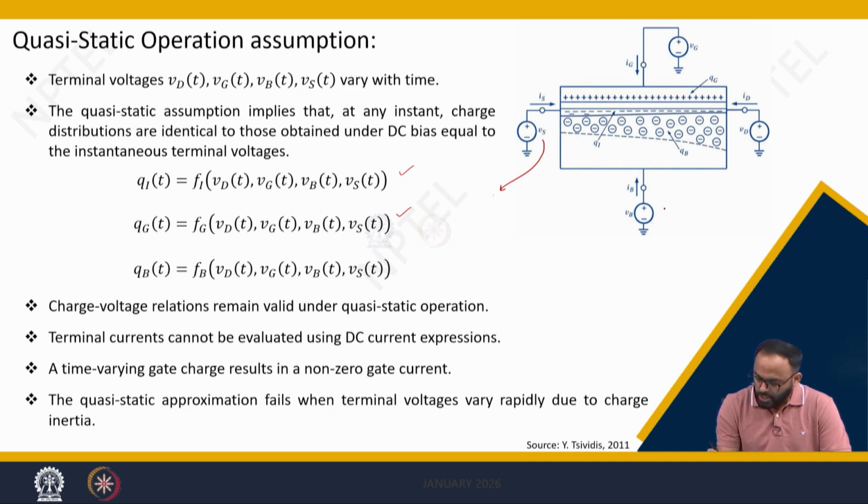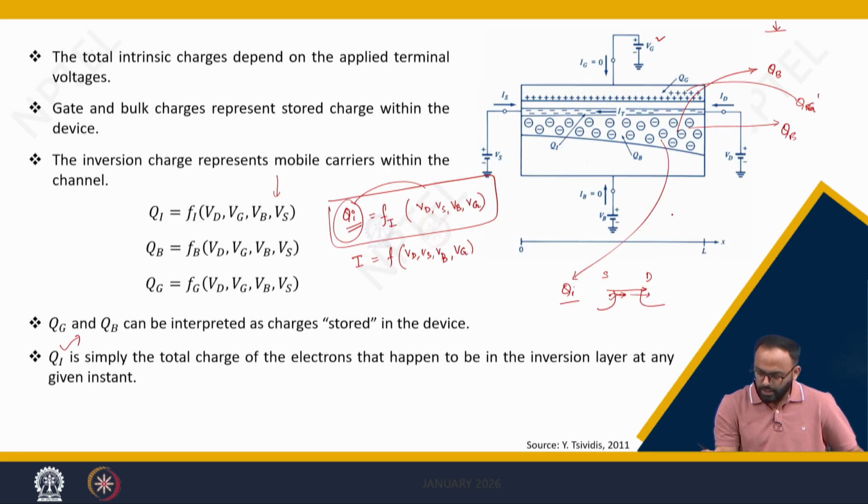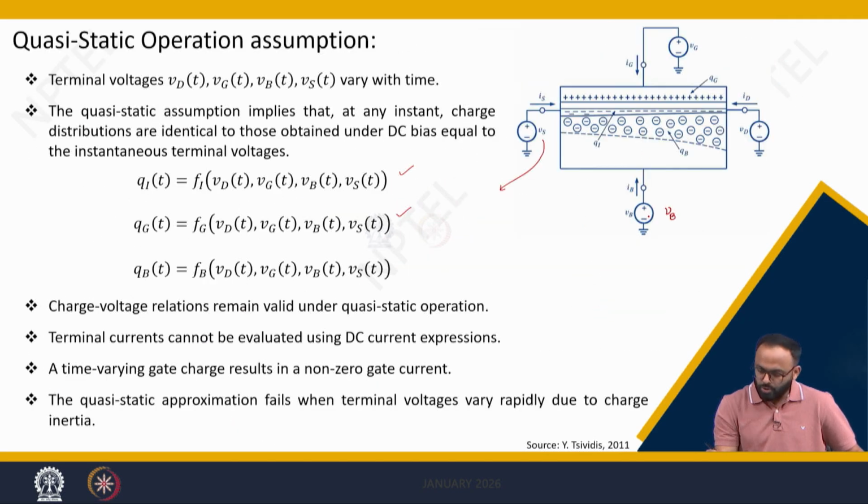Here small v with a capital subscript shows the varying voltages, like here we have used capital letters to show the DC. To show the time varying function we use a small v with a capital subscript.